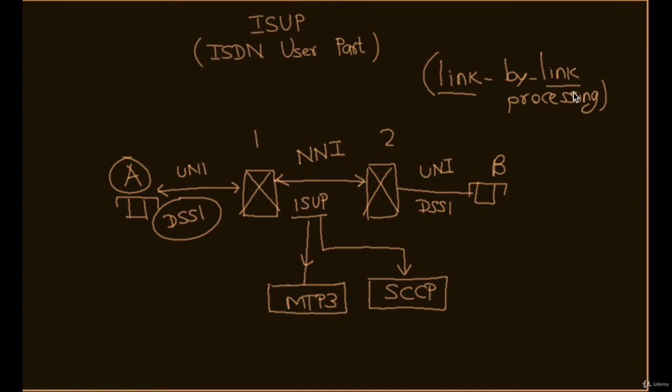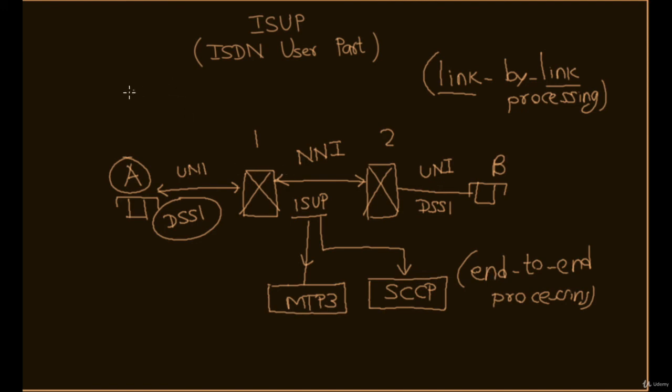But there are some messages which are not required to be processed link by link. They are called end-to-end processing. For example, if there is any message that requires to be handled only by the endpoint and not the in-between exchanges, in that case it has to be processed only by the endpoint, and not the in-between nodes.